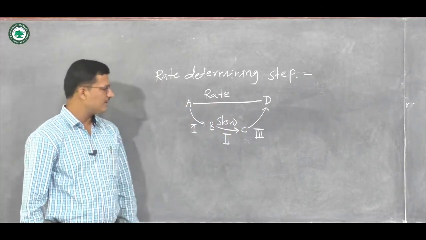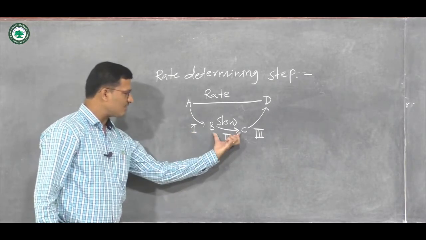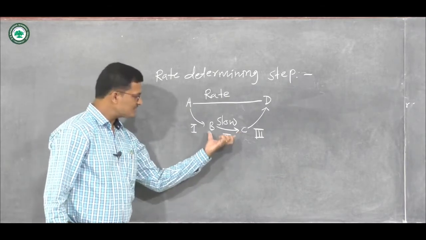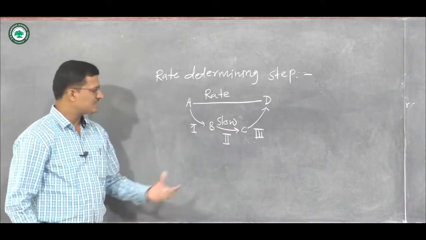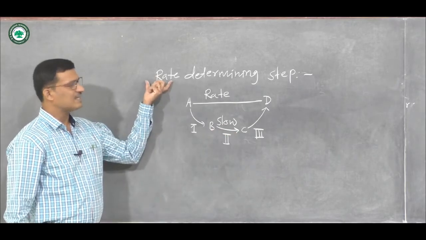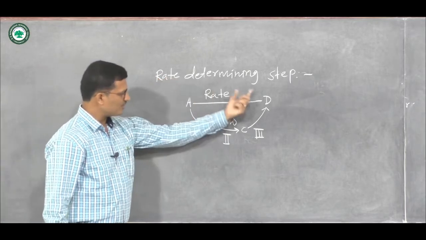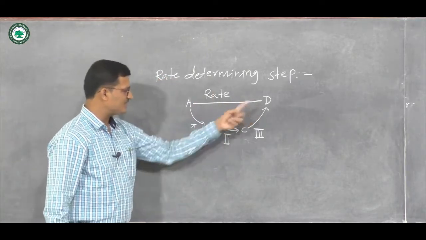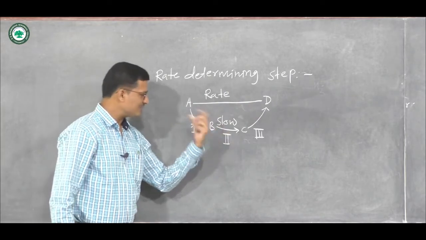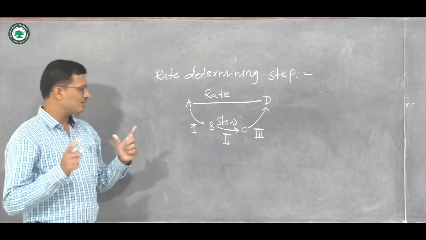Then the overall rate of this reaction totally depends on how B is converted into C. The slow step of the reaction, such a step or steps, is called the rate determining step. Means the overall rate of the conversion of A into D totally depends on the second step, because the second step is a slow step and the overall rate of the reaction depends only on the slow step.